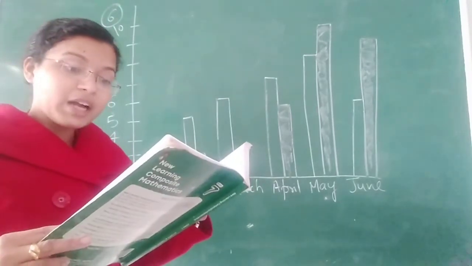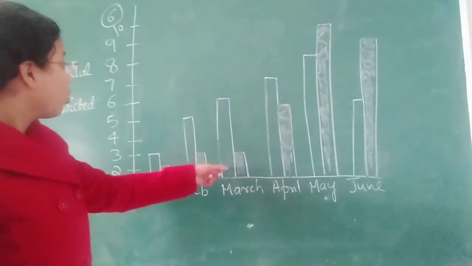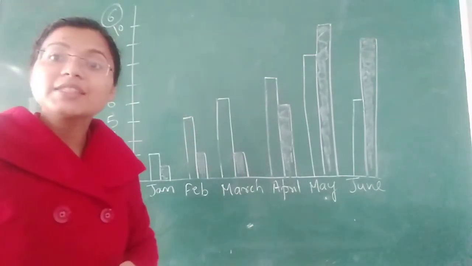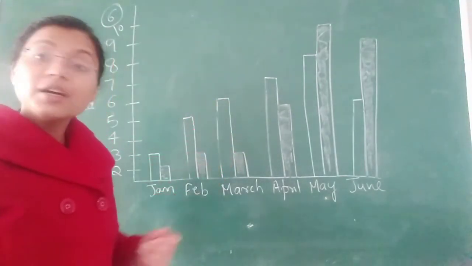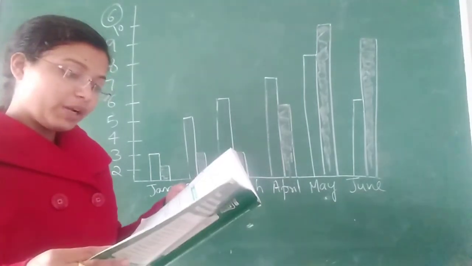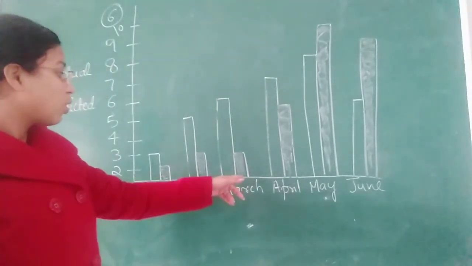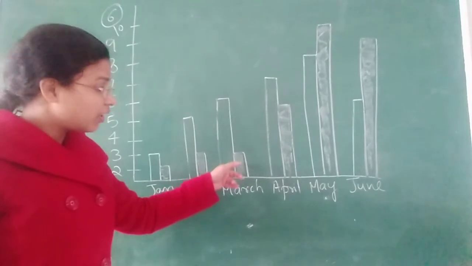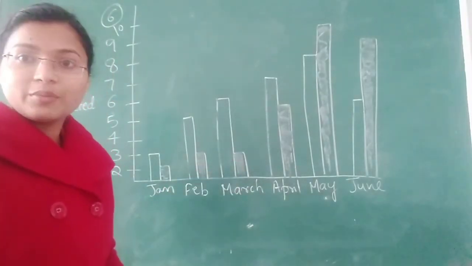Now March is 6 centimeters, so up to 6 centimeters. This is actual because it is not colored. Now the predicted one is 3 centimeters, so up to 3 centimeters it is colored, meaning it is for the predicted one.